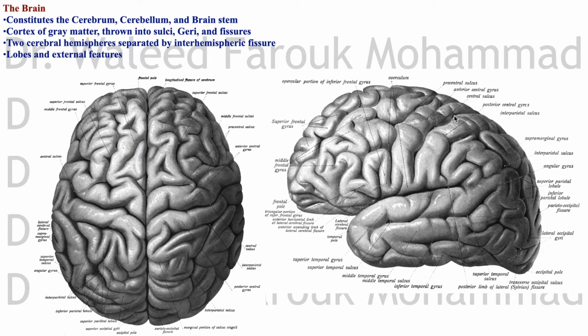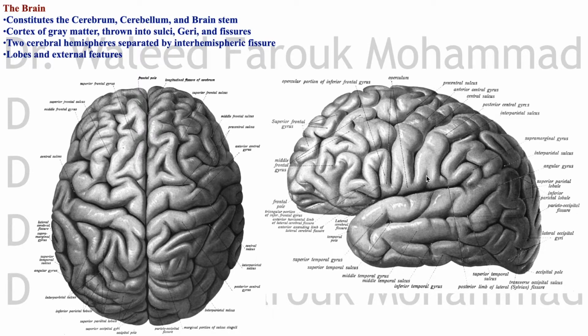And it doesn't have to be central in the center. See, in this case, it's slightly posterior. This is the central sulcus. The brain in front of the central sulcus, this is the frontal lobe, okay, and behind the central sulcus, this is the parietal lobe. So the central sulcus separates the frontal lobe from the parietal lobe.